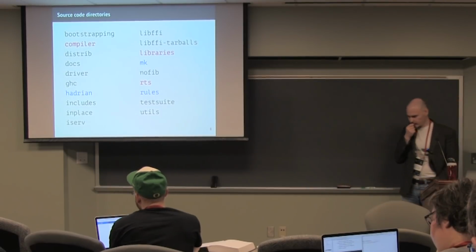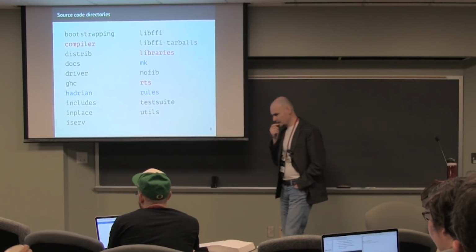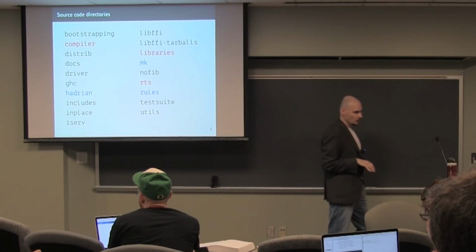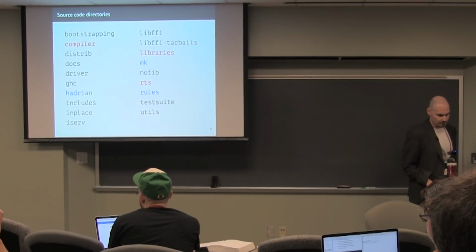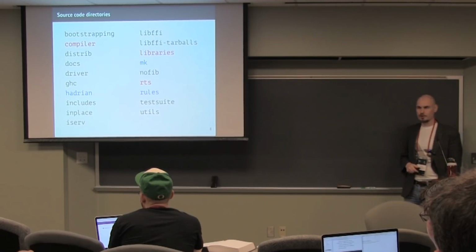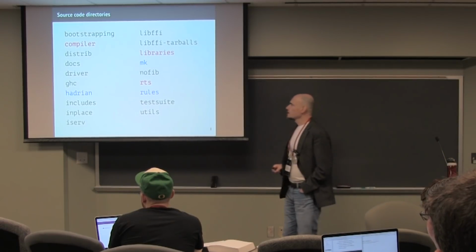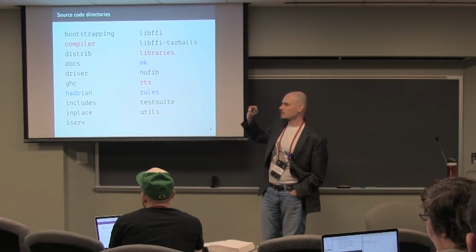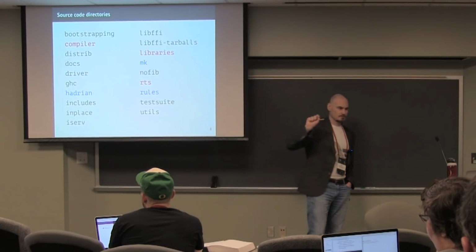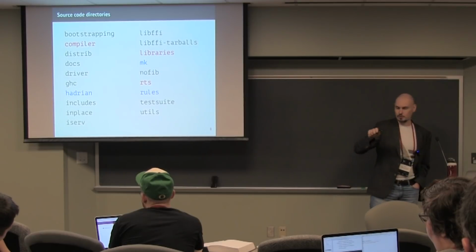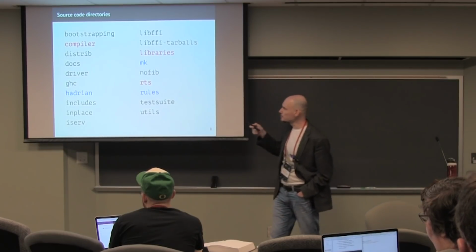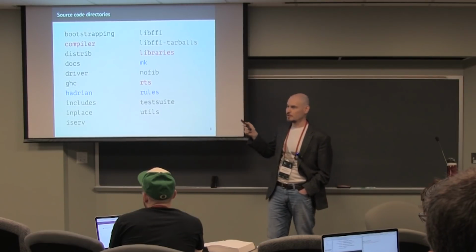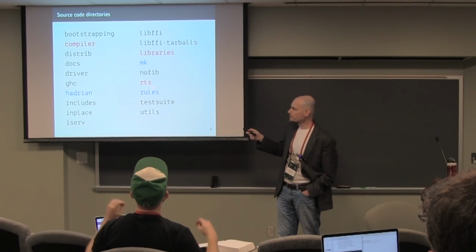Now let's talk a little bit about what is inside the compiler. If you downloaded this code base, you will see many directories there. So let's talk about some of them. Here you can see in red the most important directories: the one where the compiler itself is implemented, one about libraries, which I will talk about later, and one about the runtime system.